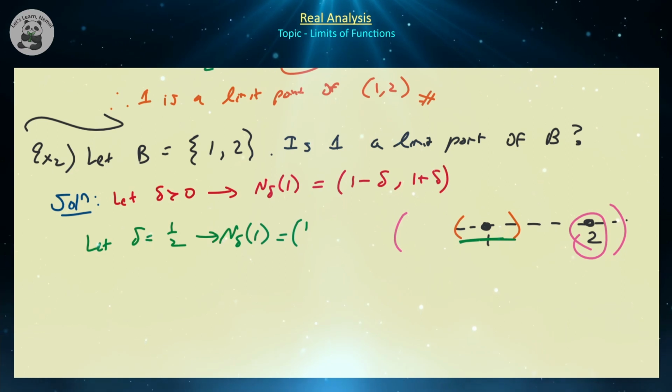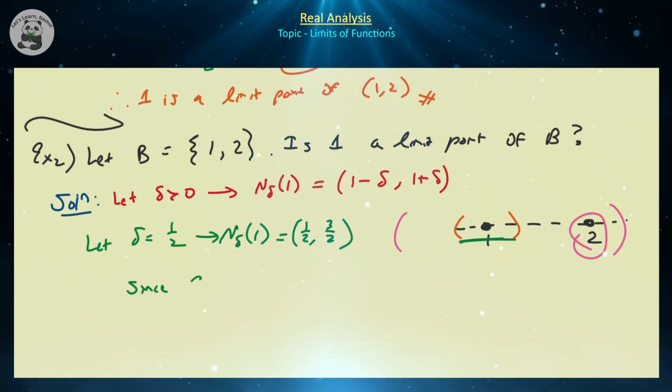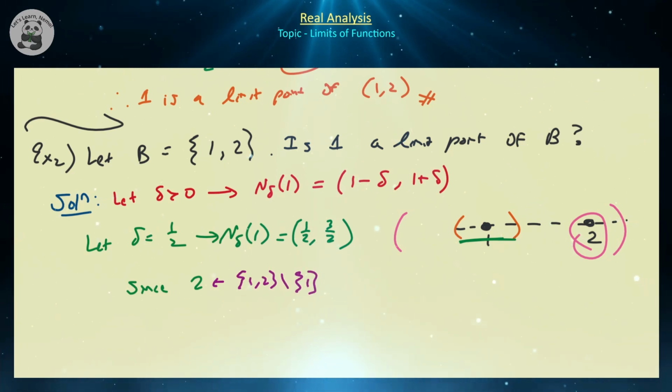and that's going to force our neighborhood to be (1/2, 3/2), right? And since the only other point in that set, because keep in mind, 2 is the only other element, right? So we can take 2 to belong to the set {1, 2} excluding 1.